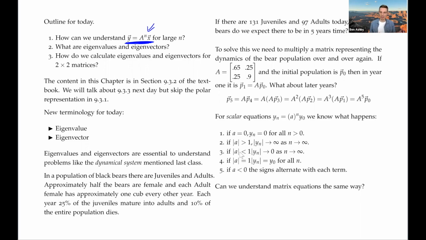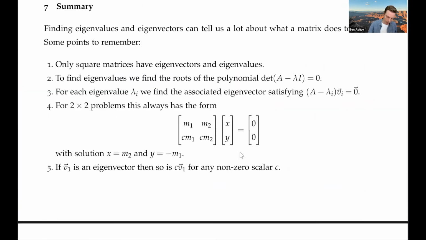So that matrix is just describing births and deaths and individuals maturing from being juvenile to being adults. What happens in the long term to this population? Our eigenvalues and our eigenvectors tell us what's happening to the population. So if we can find those eigenvalues and eigenvectors, then we can work out what is going to happen to this population. So that's why we care about them.